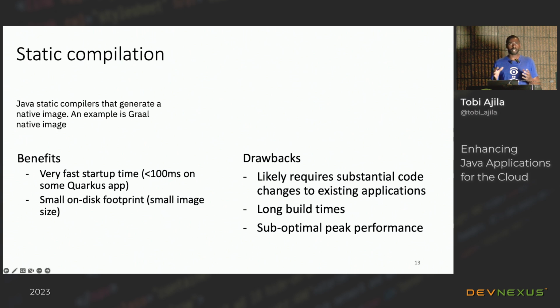So the static image just has all the code compiled, whereas a JVM has a dynamic compiler, a JIT, that uses runtime profile information to optimize the code. So peak performance is higher with a JVM because you just have more information at runtime. And so there are limits to the amount of throughput that you can get in comparison with a traditional JVM.